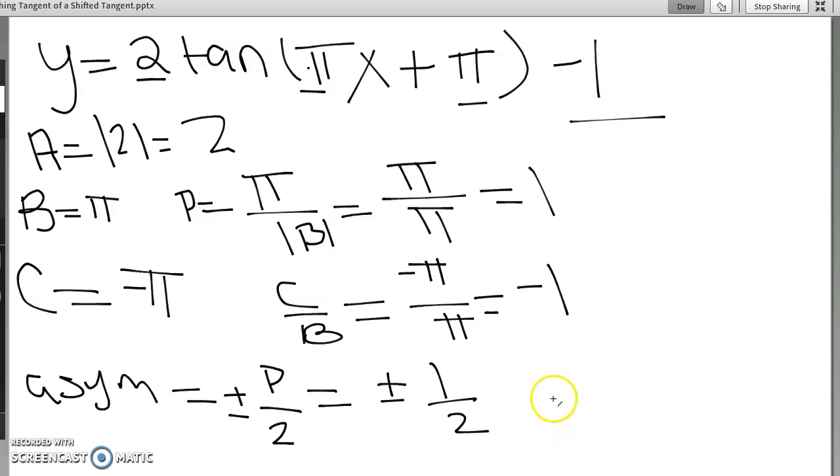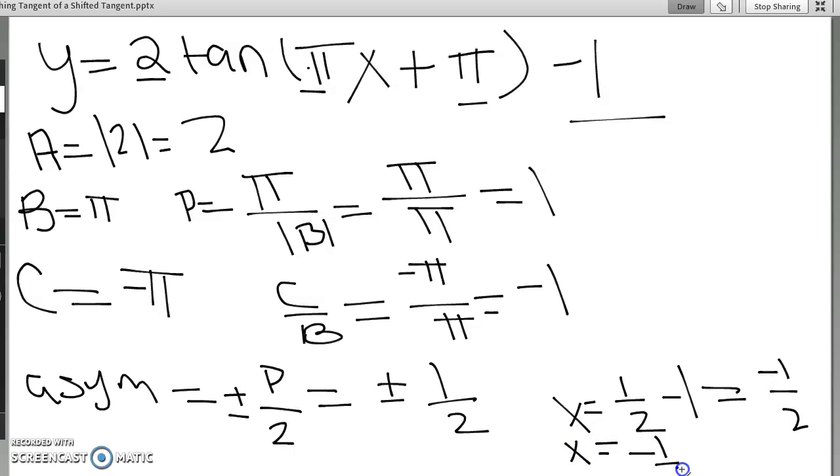So we know x equals 1/2, that's the positive, minus 1, and that's going to give me -1/2. And then x equals -1/2 minus 1, and that is going to give me -3 over 2.